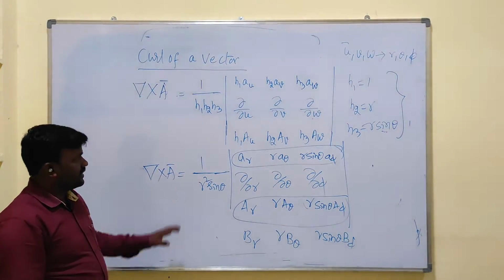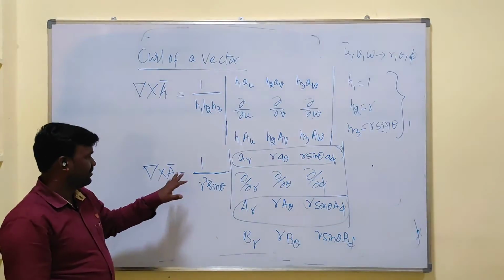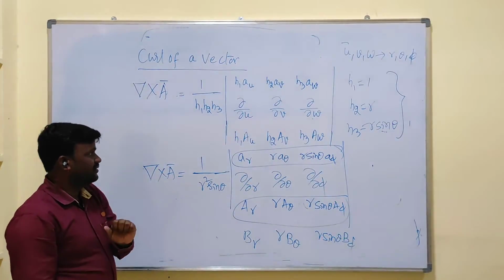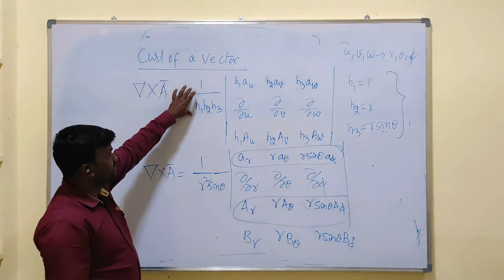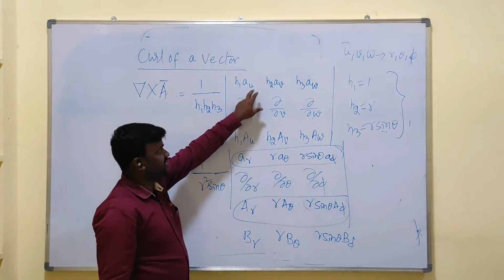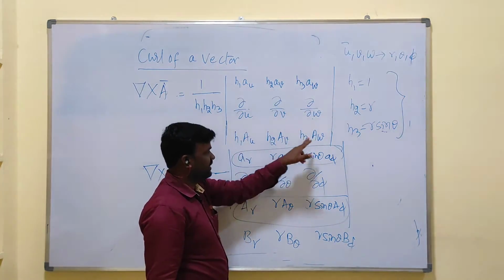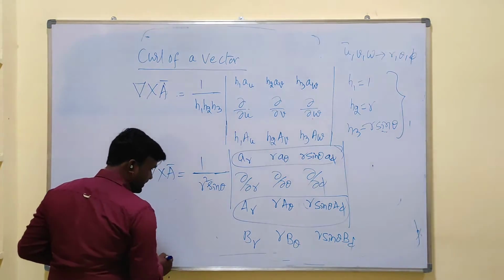For the Cartesian and cylindrical, we can easily derive by using this formula, 1 by H1, H2, H3. We only have to substitute H1, H2, H3. Suppose it is Cartesian, all are ones, AX, AY, AZ, dou by dou X, dou by dou Y, dou by dou Z. If it is cylindrical, I am writing directly.